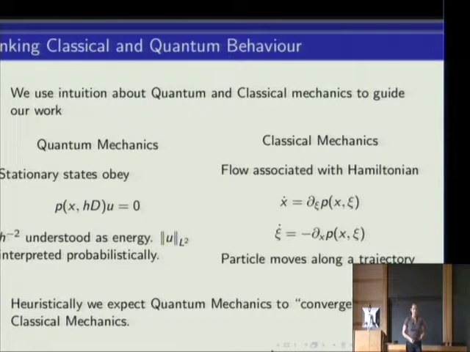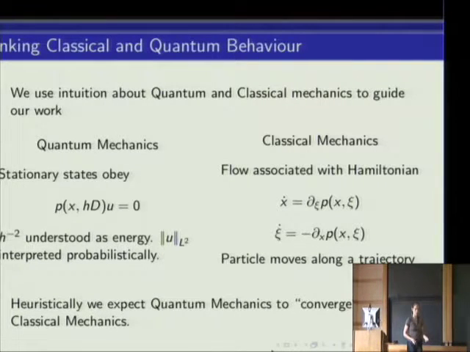So we're going to get our intuition from the links between quantum and classical mechanics. And over on the quantum side, we have a very important part due to the stationary states, and they satisfy this equation. So this is what we're going to want to solve and get a parametrix for. And we understand that h to the minus 2 is the energy, and we interpret L2 mass probabilistically.